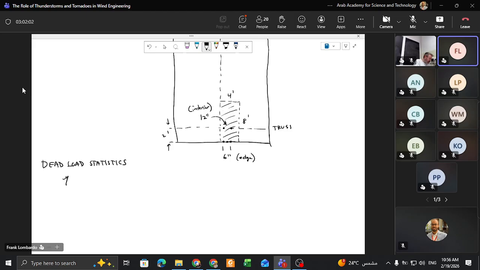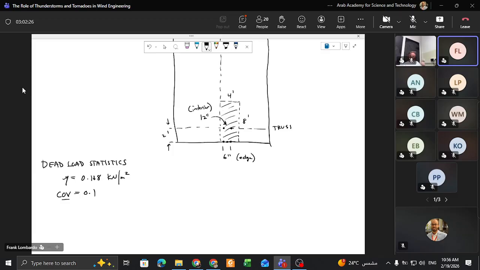The mean dead load of these panels is 0.168 kilonewton per meter squared. And then the coefficient of variation, which I'll call COV, is equal to 0.1. Now, does anybody know what the coefficient of variation is?